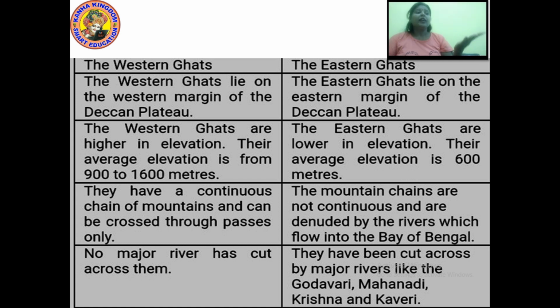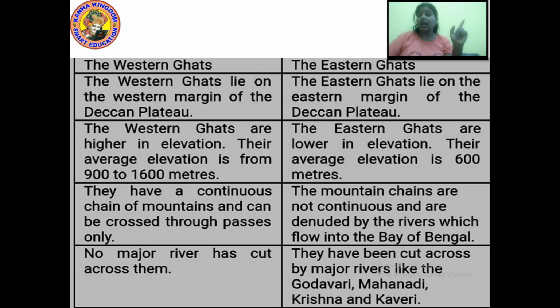Western Ghats, their average elevation is 900 to 1600 meters. Eastern Ghats have an average elevation of 600 meters. So 900 to 1600, and here only 600.